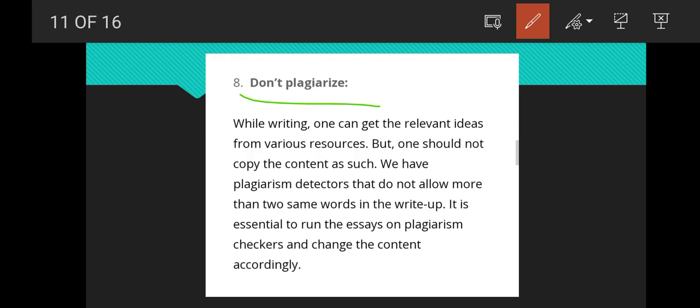We have plagiarism detectors that do not allow more than two same words in the writing. It is essential to run the essay on plagiarism checkers and change the content accordingly.